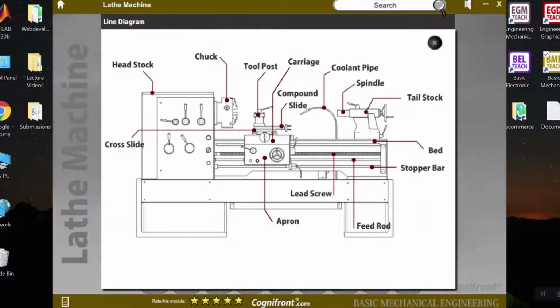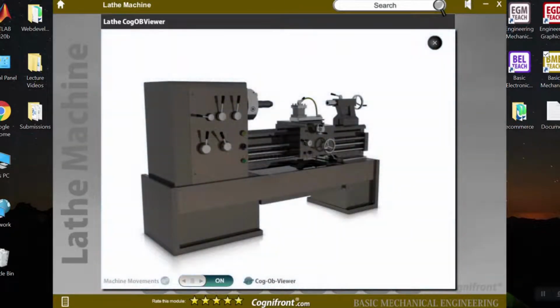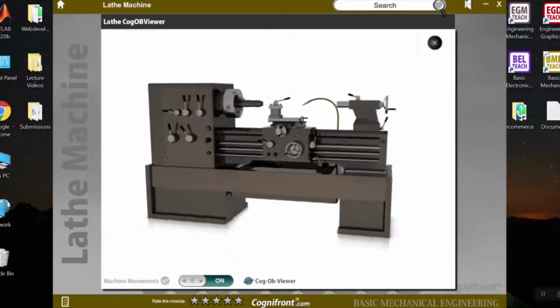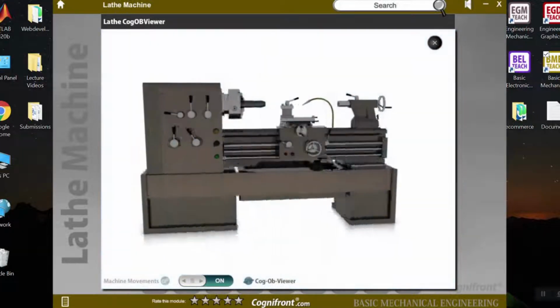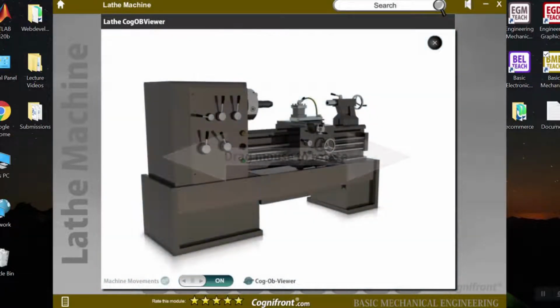Next we have the line diagram. In exams this question is often asked. Students have to draw the lathe diagram. Next we have the animated visual of the lathe machine. So by dragging the mouse you can see the whole lathe machine.